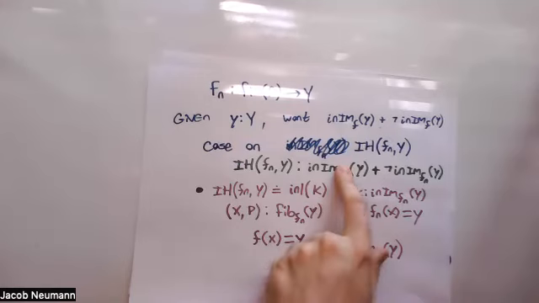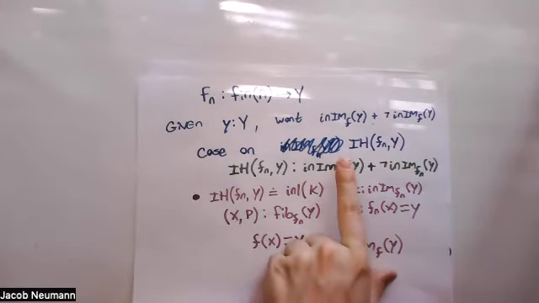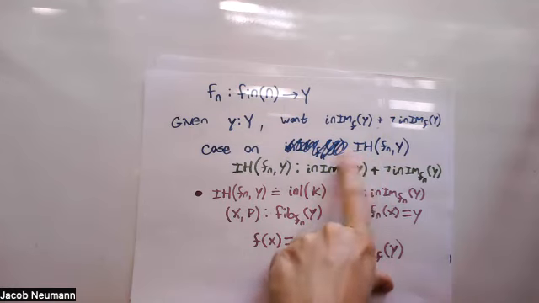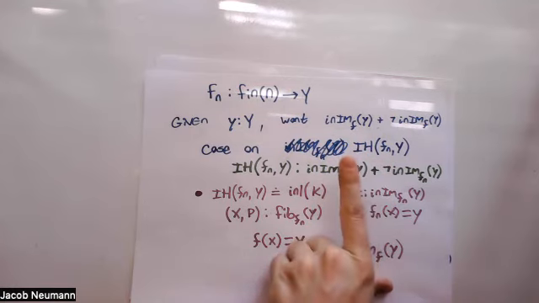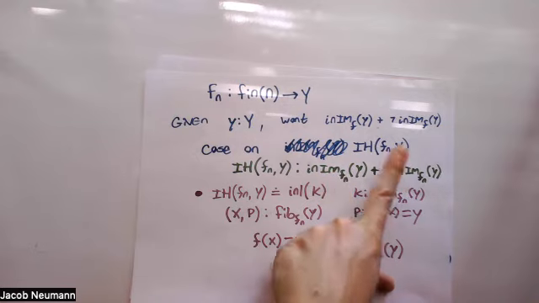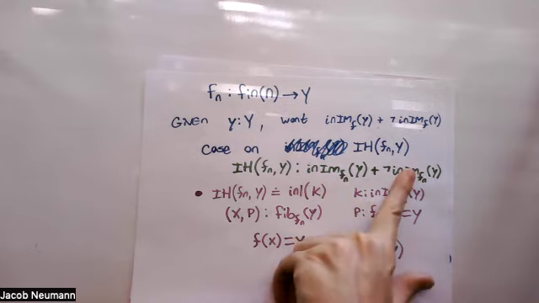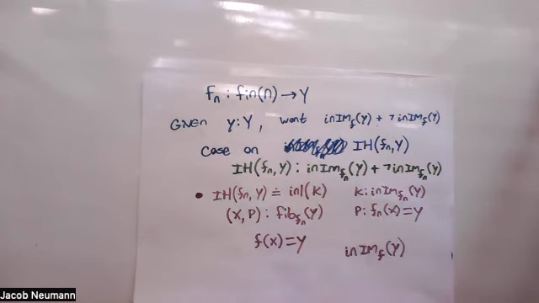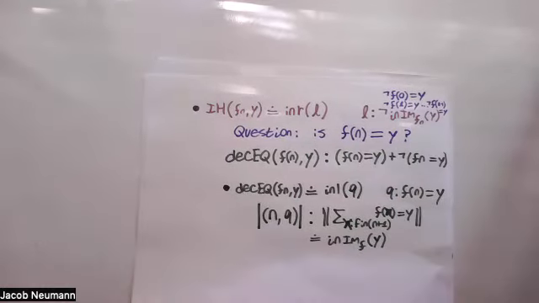A type of a proposition plus its own negation always has at most one element, because either this is inhabited and this is uninhabited, or this is uninhabited and this is inhabited. So if they're both propositions, there can only be one. That's what I mean by disjoint: they can't both be true.